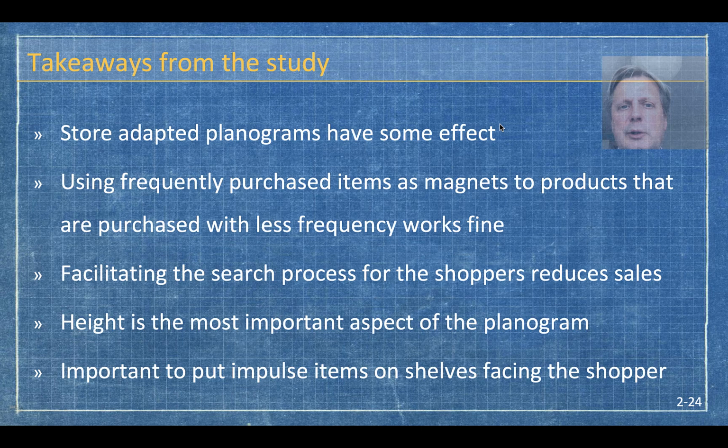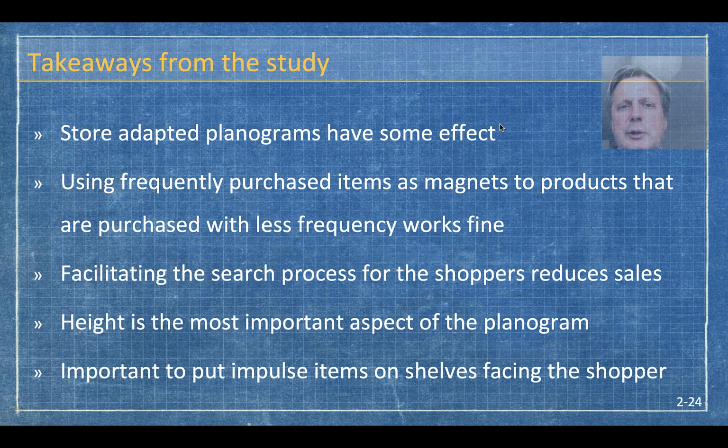Important: put impulse items on shelves facing the shopper. I didn't talk about this so far, but it means that the more impulse an item is, the more important it is. If you think of a store where you have shelves like this, every shelf has an eye-facing and a back-facing side. And often you put a category in the same aisle.